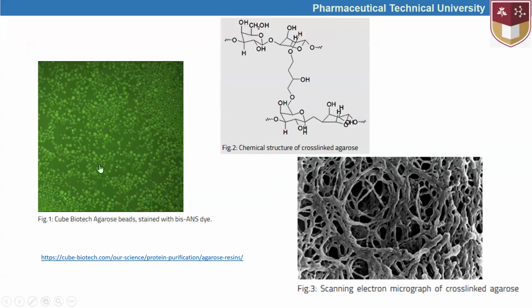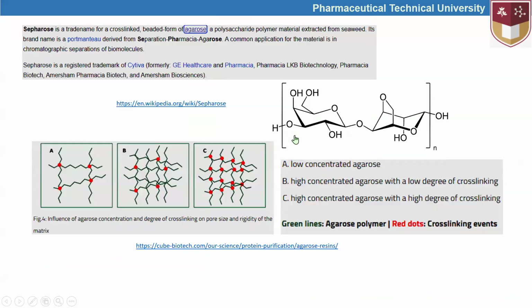And here we can see agarose beads after staining with bis A and C dye. And here we can see that this kind of cross-linking is provided in agarose. I would like you to pay your attention to this inner molecular circle between carbon oxygen and carbon oxygen in this case.